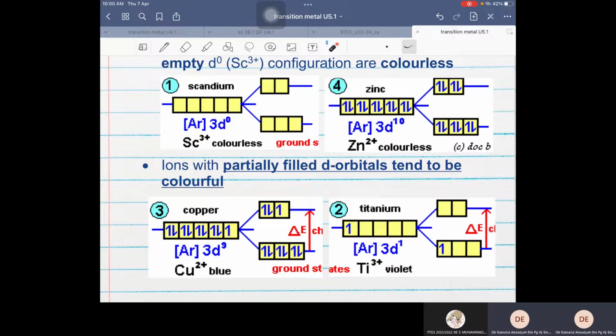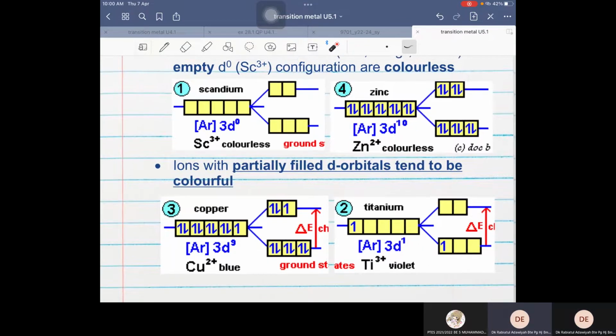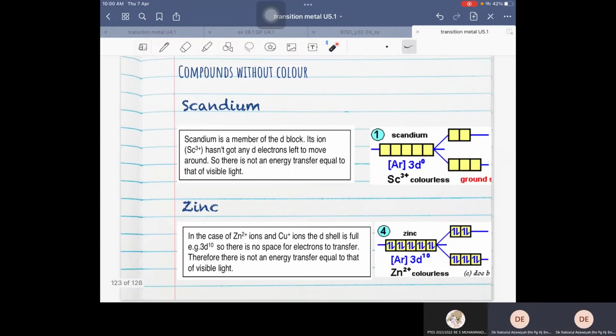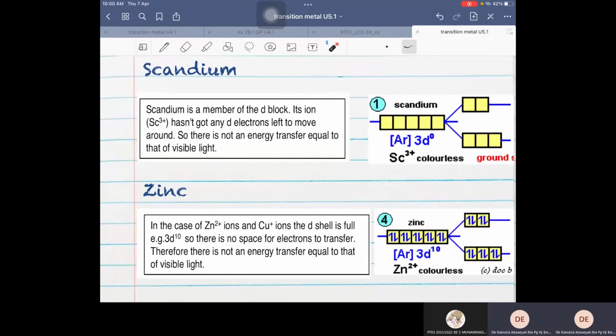Titanium, Ti3+, has an electronic configuration of 3d1. This electron in the lower energy level can be excited to the higher energy level, so that's why it appears violet purple. So that explains why scandium and zinc are colorless.